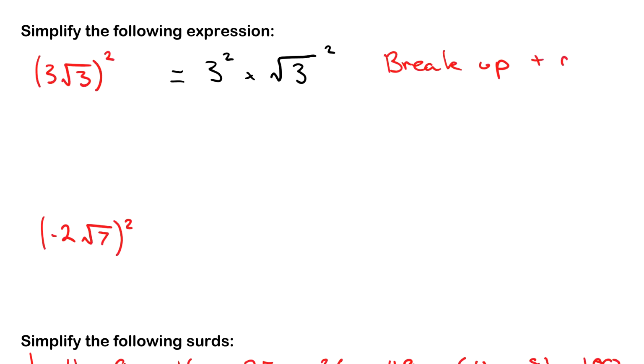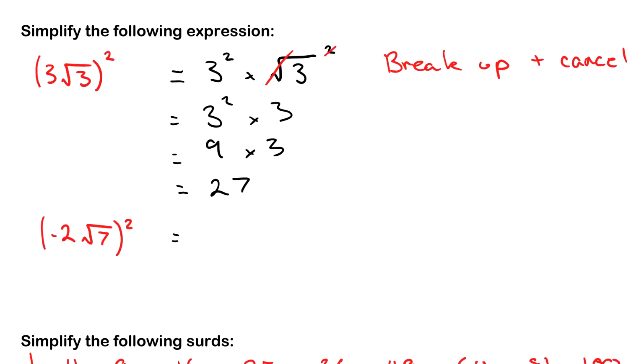So I know that the square and the root cancel out, and I'm left with 3 squared times 3, which is 9 times 3, which is 27.